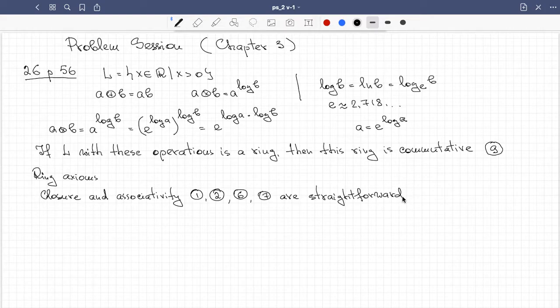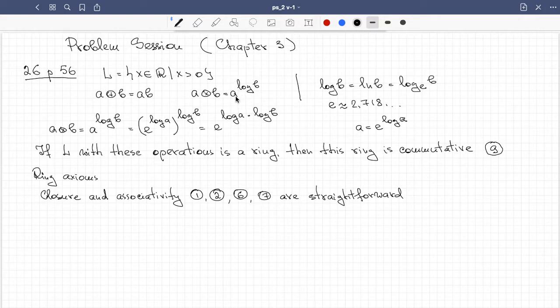Now, let me comment just about closure. The point is that the so-called sum of two positive real numbers will be again a positive real number. This so-called sum is a product, and the product of two positive real numbers is indeed a positive real number. So addition is closed. What about multiplication? We take two positive real numbers. We want to make sure this number is again a positive real number.